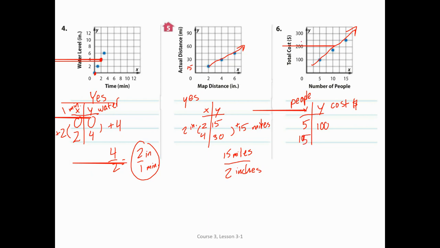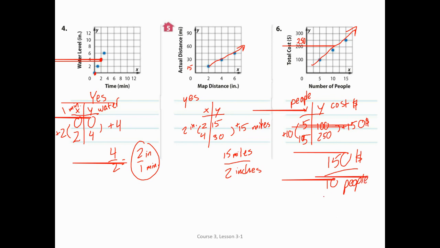That looks like it's at $250. So what's the rate of change? Well, the cost is going up by $150 as the people go up by 10. So $150 for every 10 extra people. And we could actually reduce that to get, I don't know, $15 for every one person.